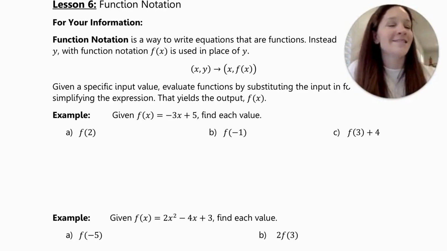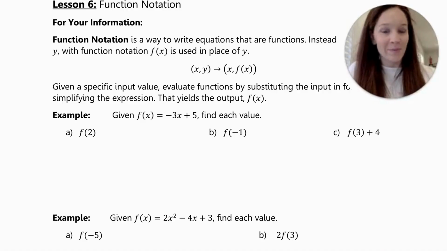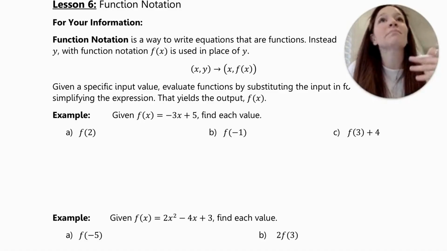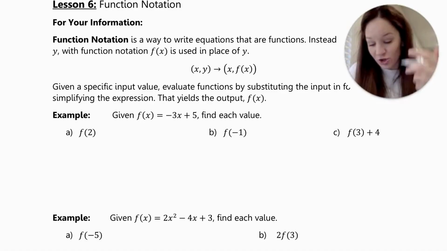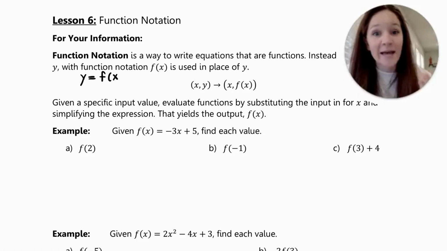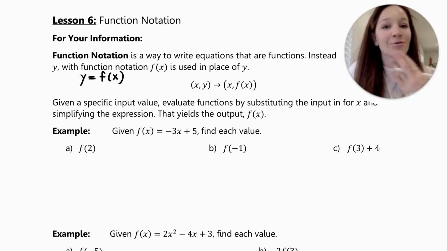I like to teach it as: for Halloween, you get dressed up, but underneath your costume, it's still you, right? And that's what this function notation is. In place of y, we're going to use f of x, a new way to represent y. It is still y, it is still your output, it is still your range.